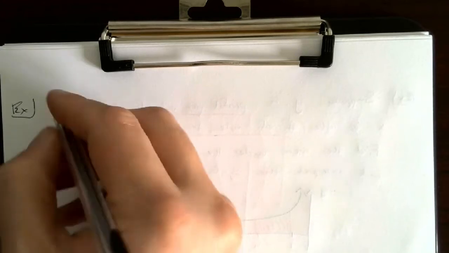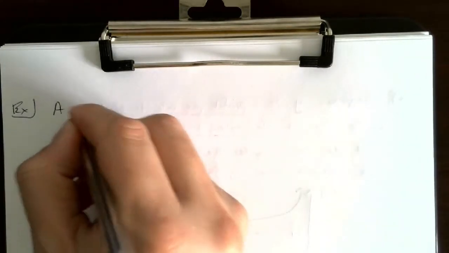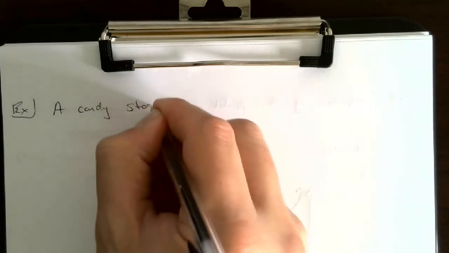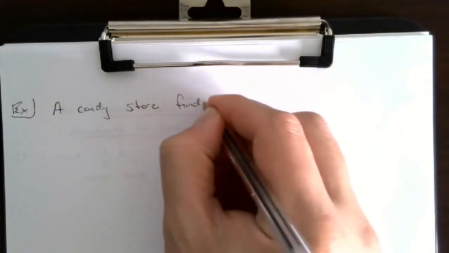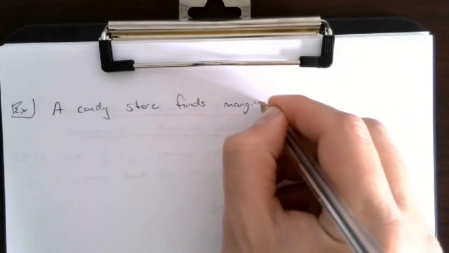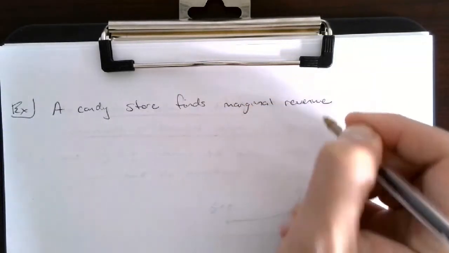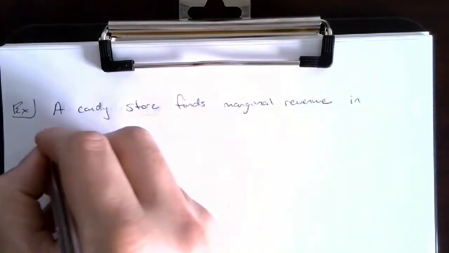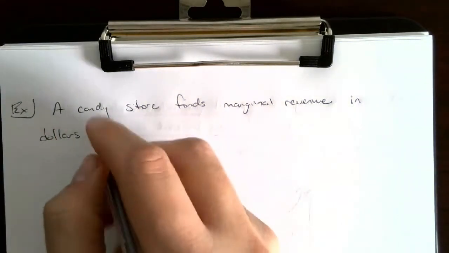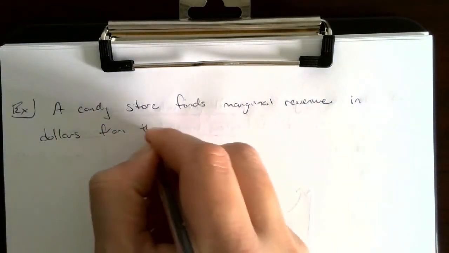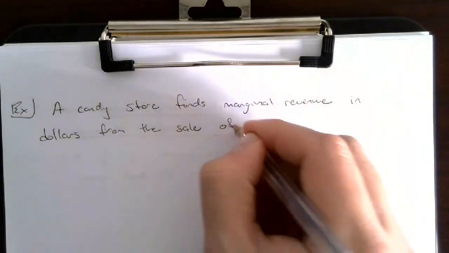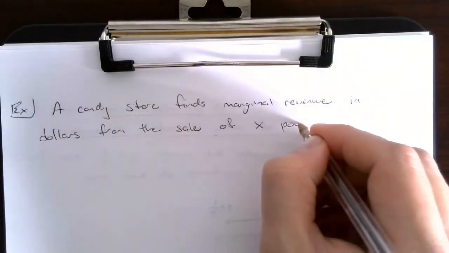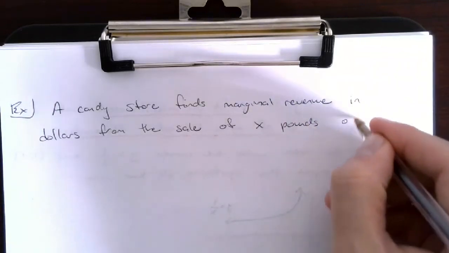So if we said in this example, a candy store finds marginal revenue. When we say marginal revenue, remember that's the derivative of revenue. So a candy store finds marginal revenue in dollars from the sale of x pounds of candy.